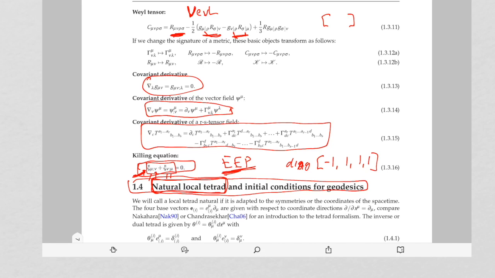If we can find a collection of directions at any point in space where the metric expressed in those directions is this, that's the natural local tetrad. Now, we haven't used the language tetrad yet, but we will, and we'll talk about this when we're ready. It's not too long from now.